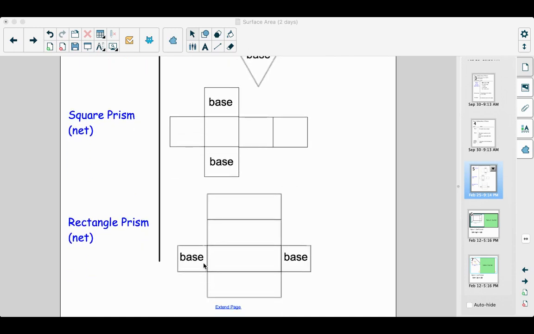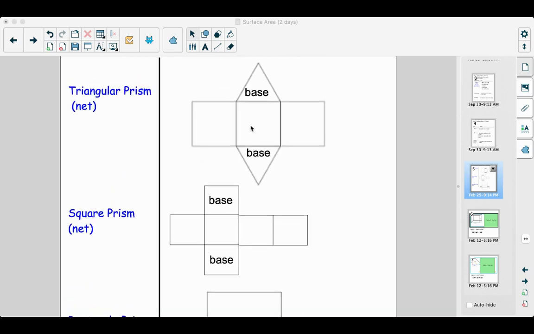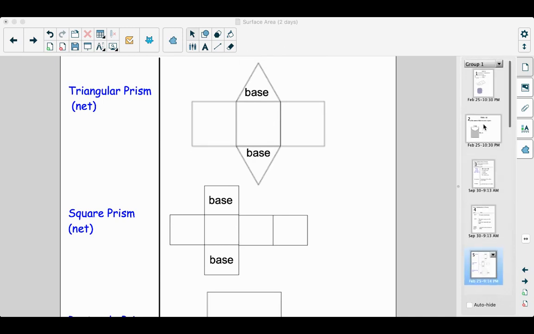Same thing for a rectangular prism. So with square and rectangular prisms, you're just going to be finding the area of 6 different rectangles and adding them together. With a triangular prism, it's going to be three rectangles and then two triangles.